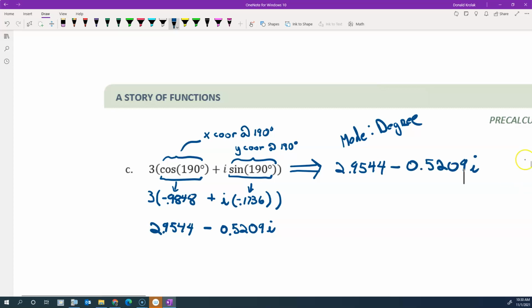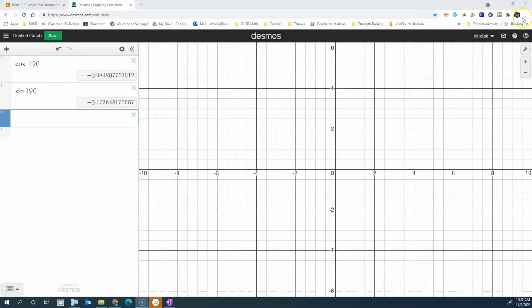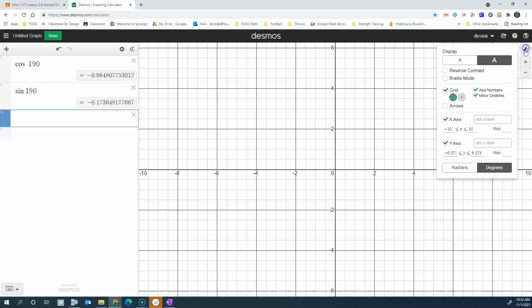And there's our answer. So there it is on Desmos, and the way you change your units is in the settings, to degrees.